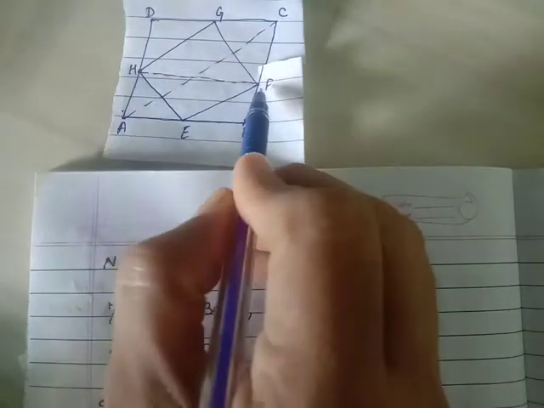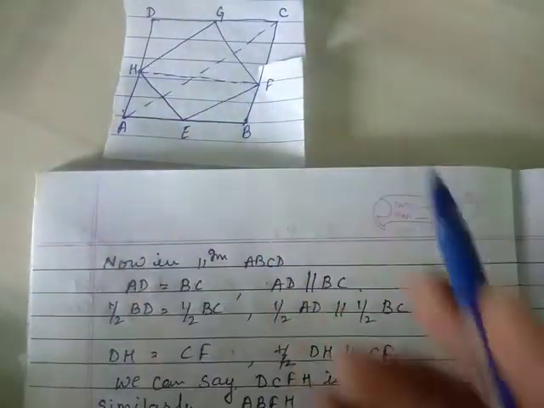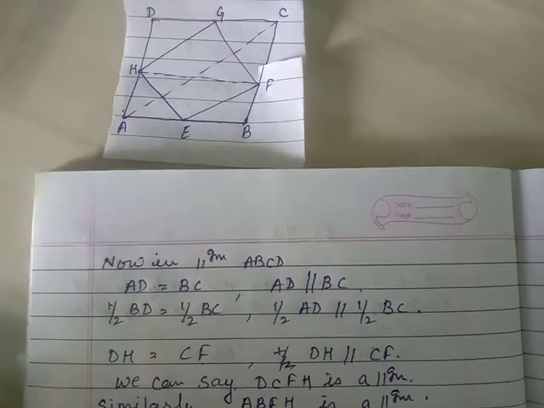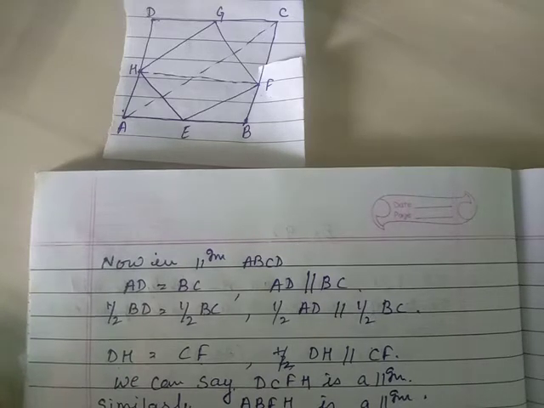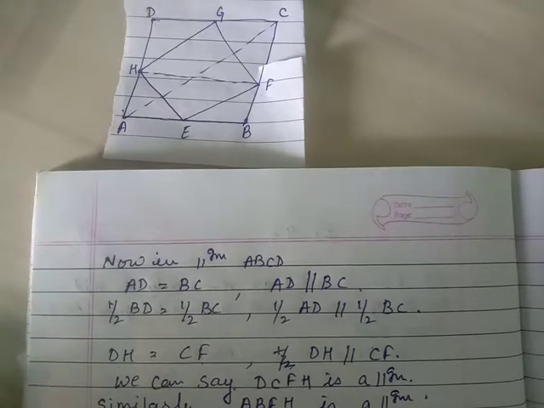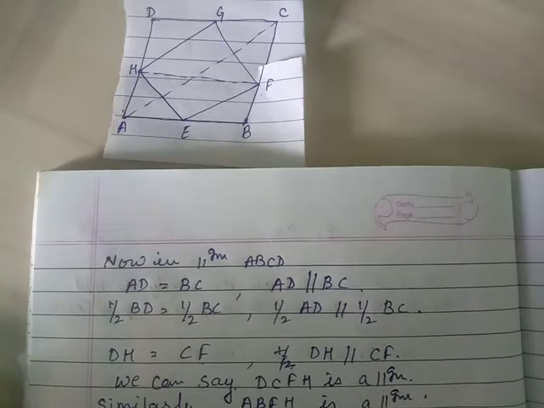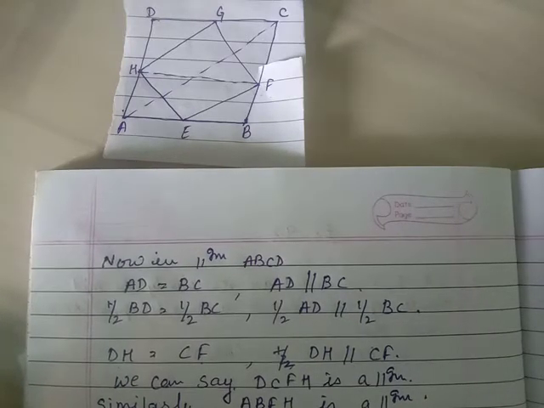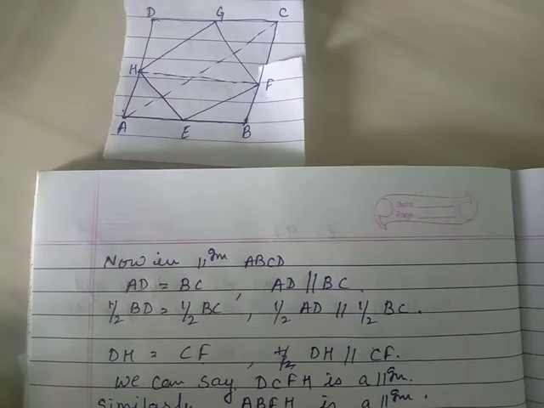Now we are considering each parallelogram separately. See, in this parallelogram HFCD, HGF is a triangle. Triangle HGF is on the base HF, and parallelogram HFCD is on the base HF.